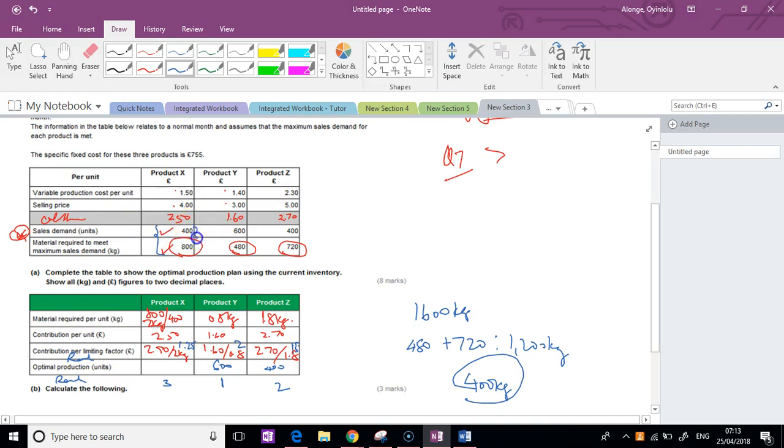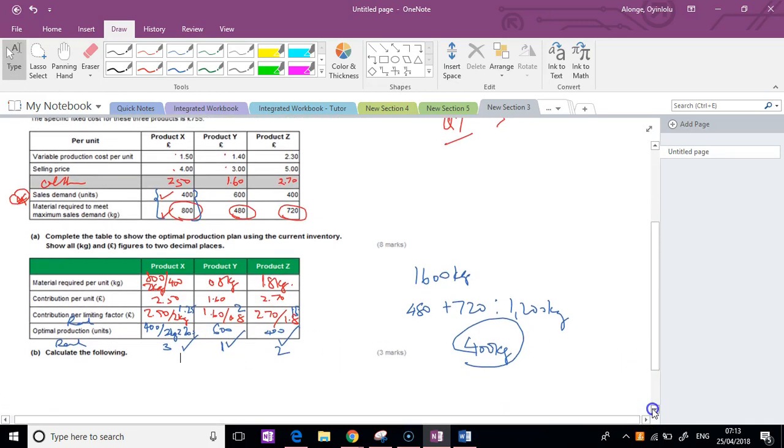So you need to read the question and investigate what's really going on. If you need 2 kilograms to make 1 unit, you can make 200 units. So your optimal point is 600 units of product Y, 400 units of product Z, and 200 units of product X.